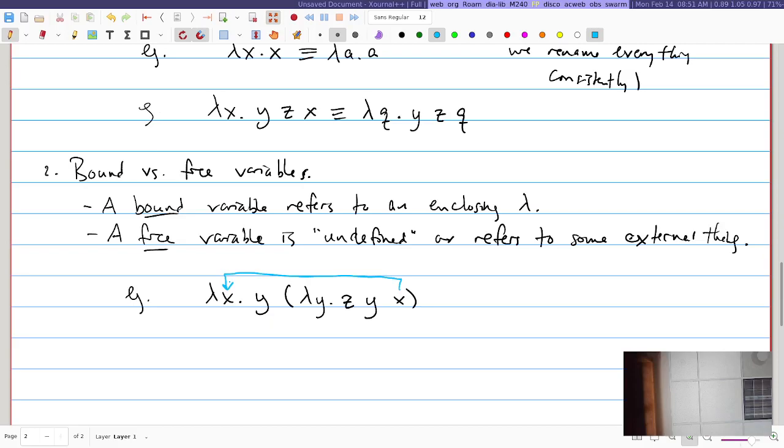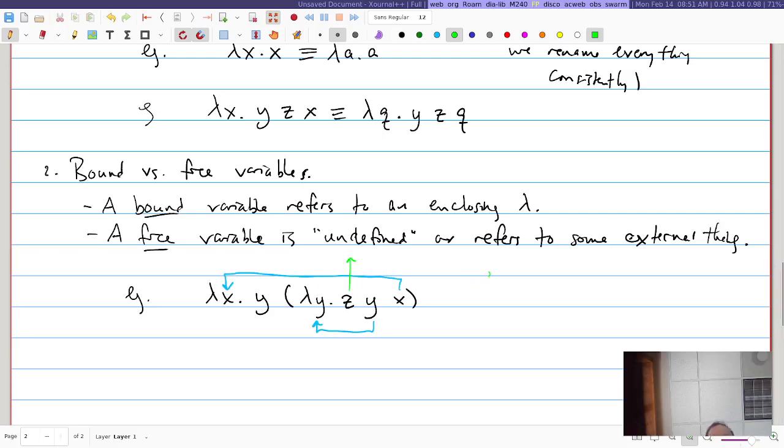That's bound. What about this y? Do we know what it's referring to? Yeah, it's this right here, right? So that y is bound. What about z? I don't have any lambda z anywhere, right? So this is free. So I'll just put an arrow pointing up, because it's free.